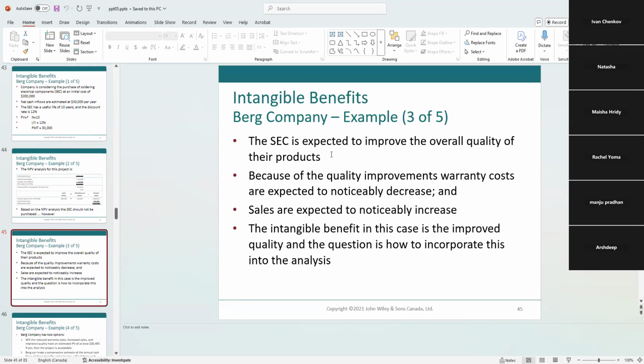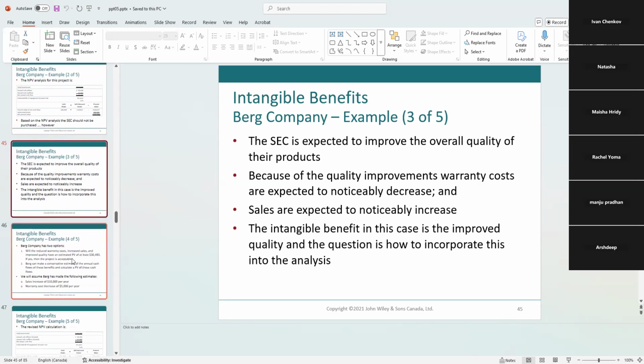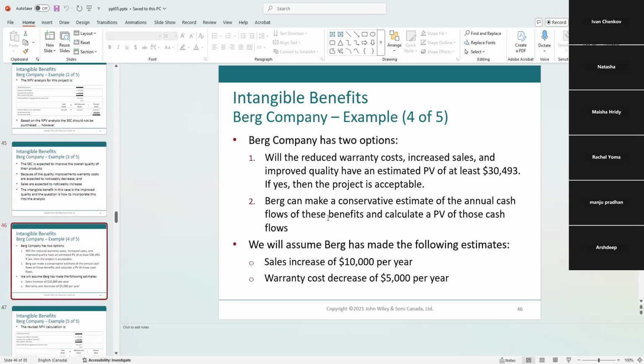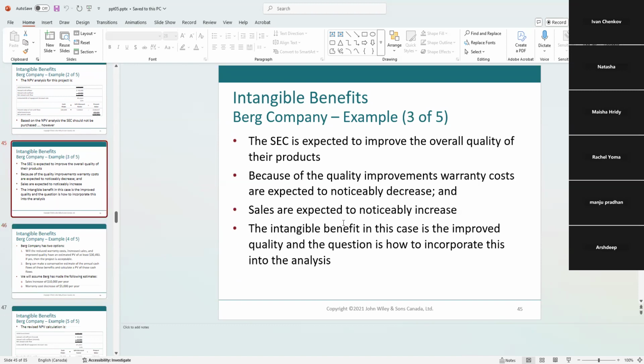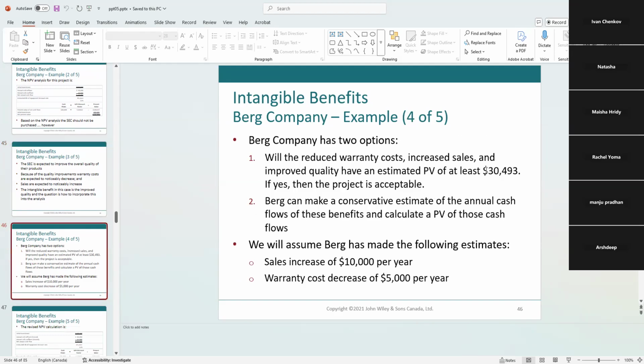Now, the intangible benefit in this case is improved quality. So the question is, if we incorporate this in our question, where will be the net present value? Is the increase in sales and decrease in warranty cost going to be enough to overcome the negative 30,000 on the calculation?